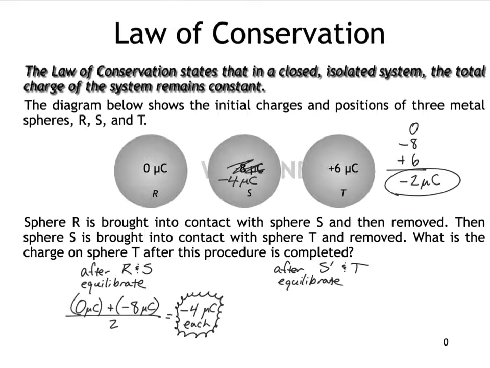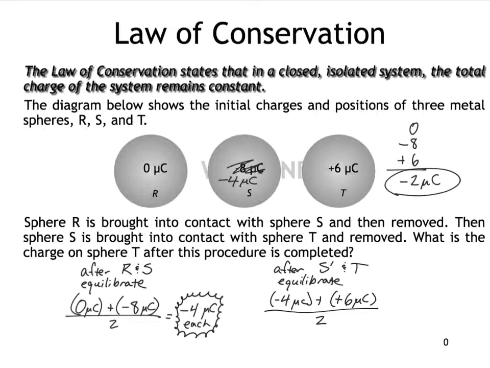So from my initial calculation, I was able to calculate that sphere S would end up with a charge of -4 microcoulombs, and we're going to add that to the charge on sphere T, which is going to be, just from the diagram, +6 microcoulombs. Now, we're going to add those together and divide by 2 because that's the way they're going to divide their electrons.